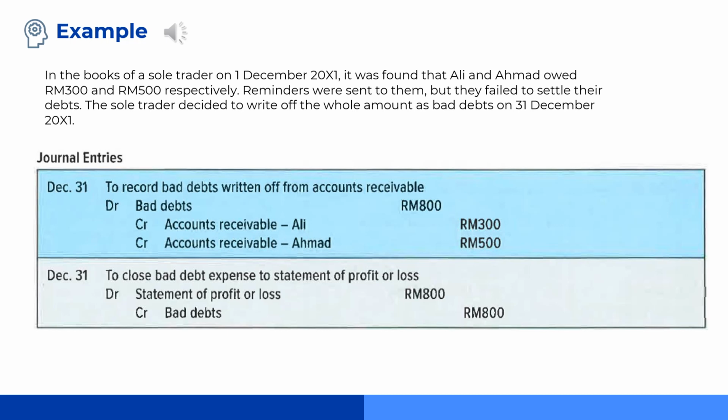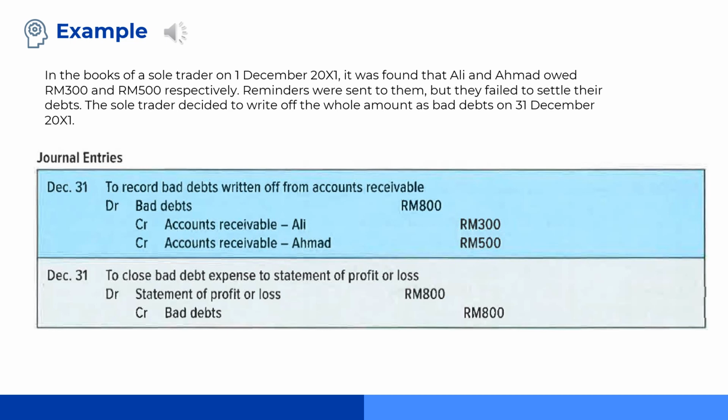In this example, it shows how you record the journal entry if you come across any bad debt transaction. For example, in the books of a sole trader or sole proprietor, on 1st December 20x1, it was found that Ali and Ahmad owe 300 and 500 respectively.